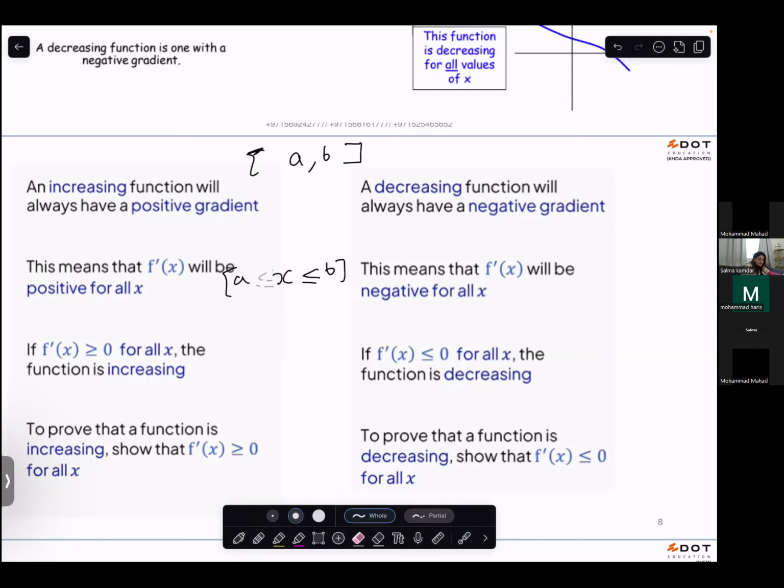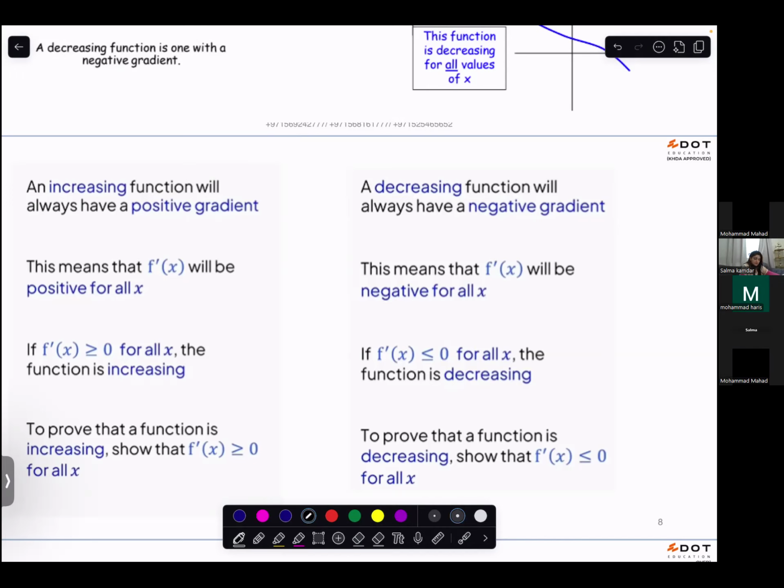Yeah. Mahat, can you tell me something about a decreasing function? A decreasing function will have a negative gradient. So for f dash x, it will be all negative values for the x. And to prove it, your f dash x will be less than or equal to 0.